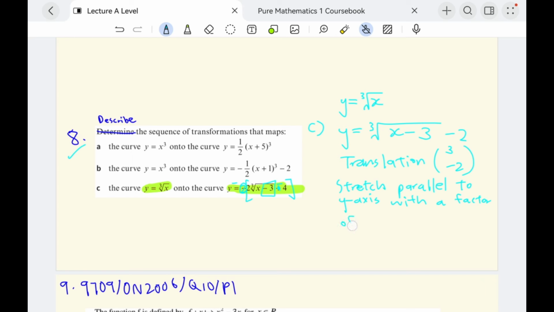All right. And finally, you negate by reflection in the x-axis. That means you need to reflect the entire function, okay, in order to satisfy this new curve. All right. And don't forget to label the sequence. Okay.